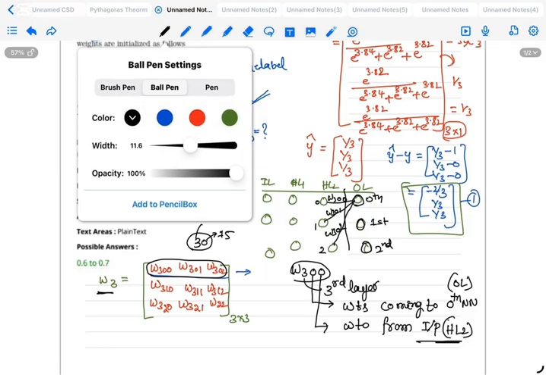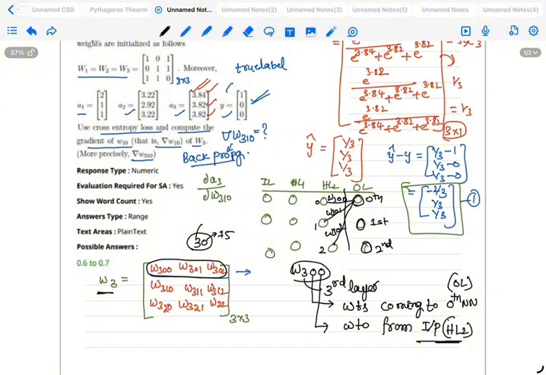And all the weights coming to the next neuron are represented with W3 1, in the next row 3 1 is common. In the next row W3 2 is common, and all the weights coming to the last neuron, the second neuron, form that row.